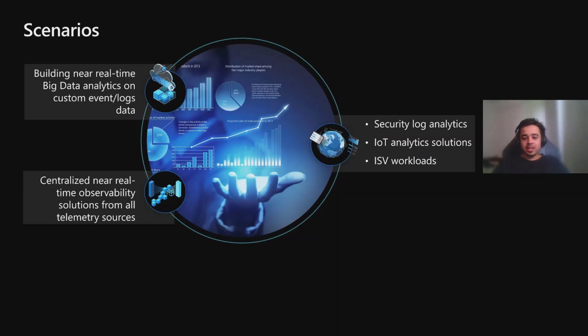The last bucket would be security log analytics, wherein companies or organizations collect logs and use them for observability, like how infra or software is working, trying to find phishing, hacking, and attacks, looking at network logs, and looking at IP addresses and traffic coming from them. Then customers who are migrating from Splunk to Sentinel and using Data Explorer to complement long-term analytics, and ISVs building security log analytics solutions like Checkpoint and Trend Micro on top of ADX.